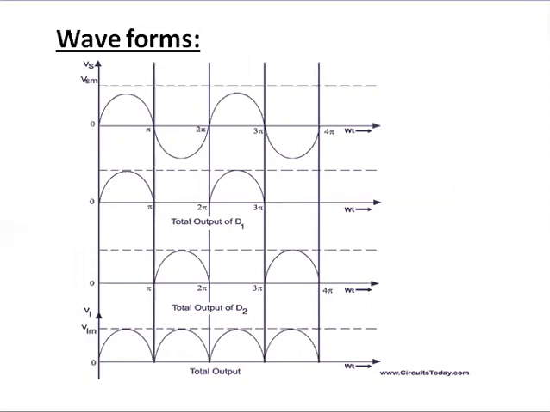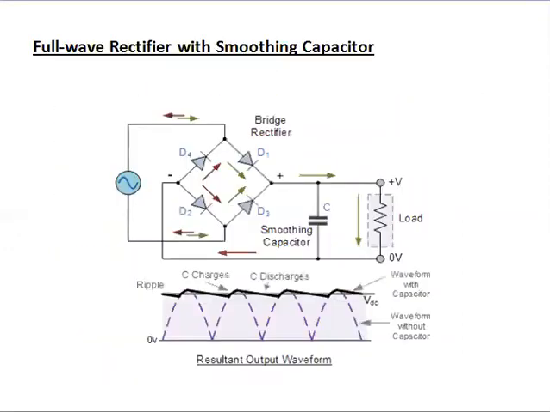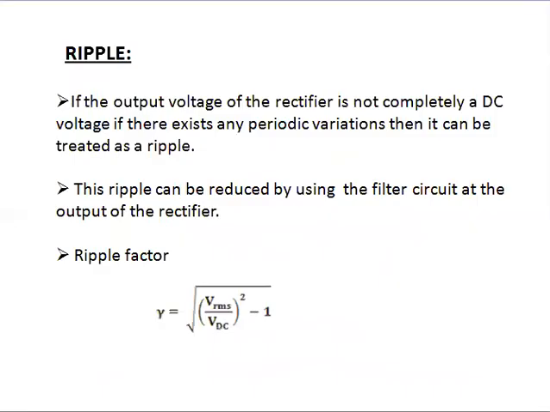But what is our final aim? We have to obtain a pulsating DC. How can you obtain the pulsating DC? If you cut the AC at the top, at a constant line, then we can obtain the pulsating DC. So this can be treated as a ripple. This ripple can be reduced by using a filter circuit at the output of the rectifier.